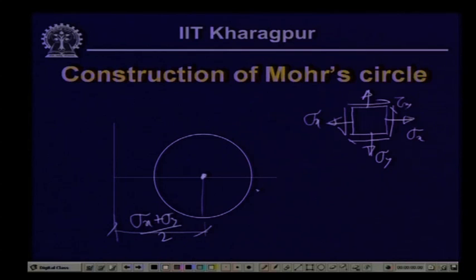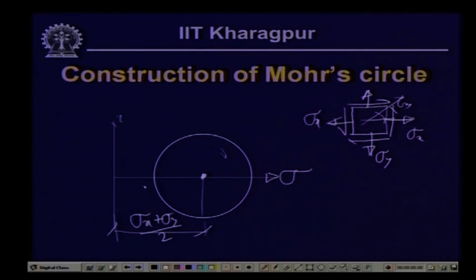Now, there are two ways of constructing the circle. One is that we can represent sigma in this direction and tau in the positive direction, as we have noted earlier. In that case, the theta angle in this Mohr plane will be in the clockwise direction, which is opposite to the convention we assumed while deriving the transformation equation, where we took theta as anticlockwise.